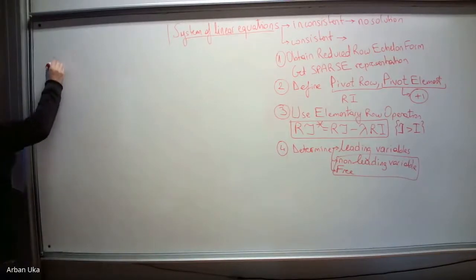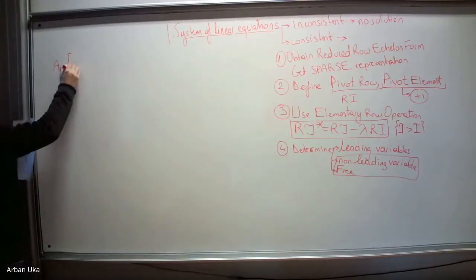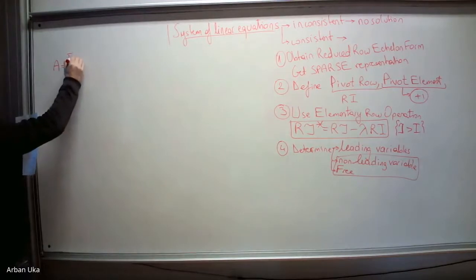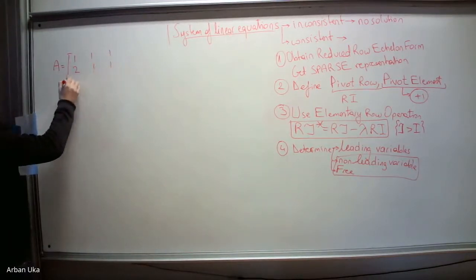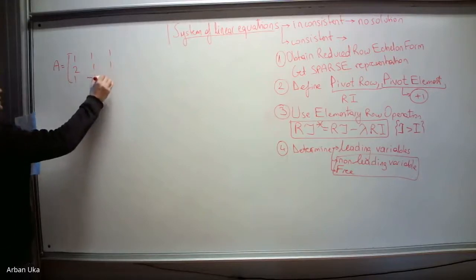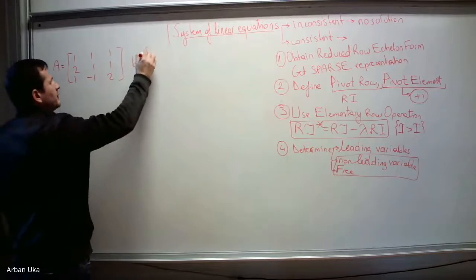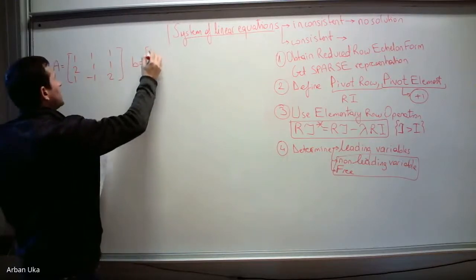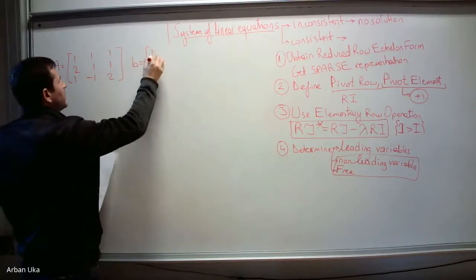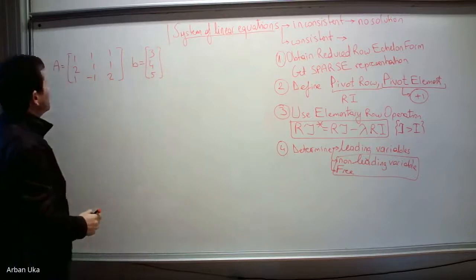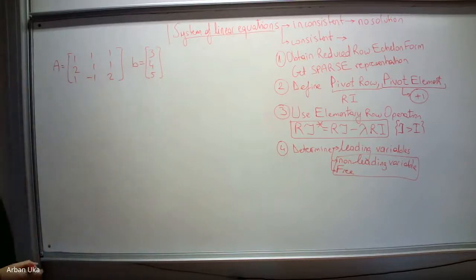Let's assume that we have a matrix A which is equal to 1, 1, 1, 2, 1, 1, 1, minus 1, 2, and we have a B vector which is equal to 3, 4, 5. Now, how do we read these two?